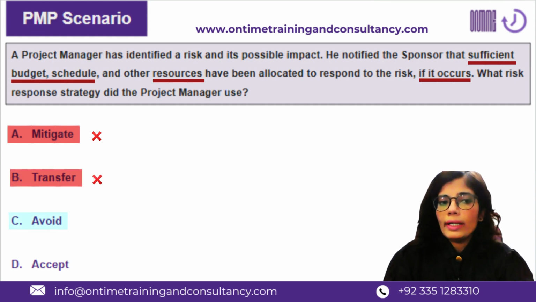Avoid. Avoid is a response strategy which completely eliminates the risk from the root. So the risk is not going to happen. Whichever cause could let the risk happen, that cause has been completely removed altogether.